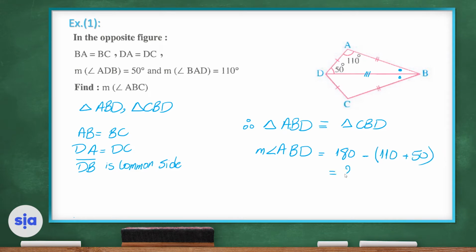So the measure of angle ABD is 20 degrees. Therefore, the measure of angle ABC is 20 plus 20, which is 40 degrees.